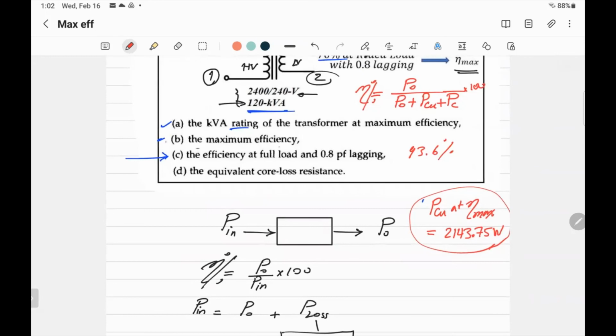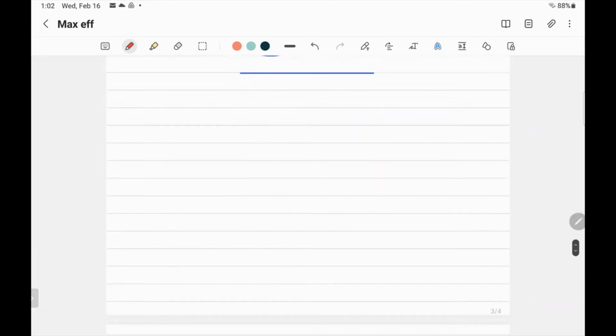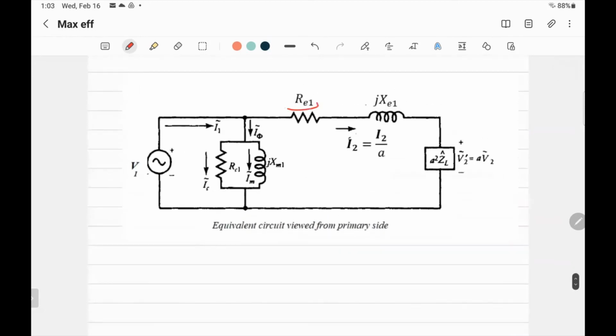The last question: find the equivalent core loss resistance. What do you call it? Core loss resistance, the parallel branch. That's the system of primary and secondary winding of the transformer, equivalent reactance of both windings.